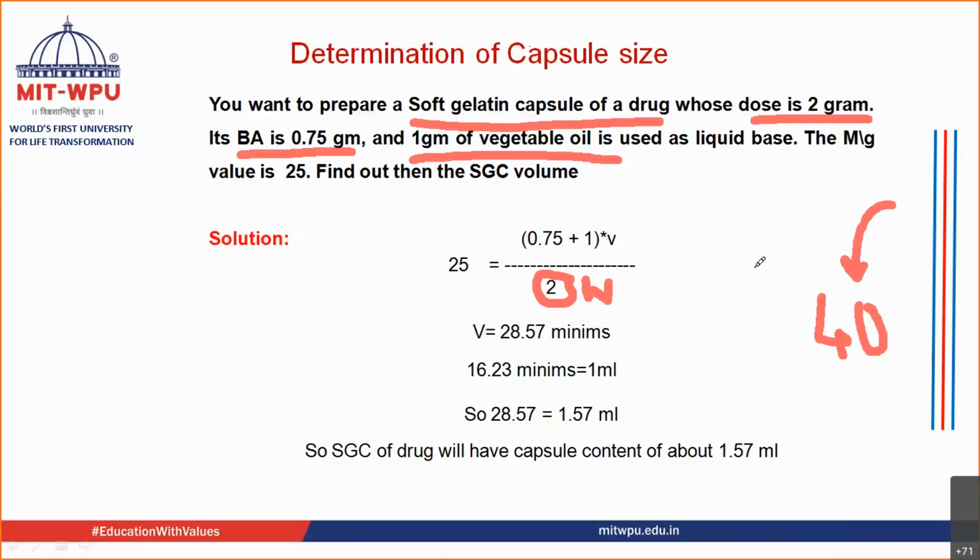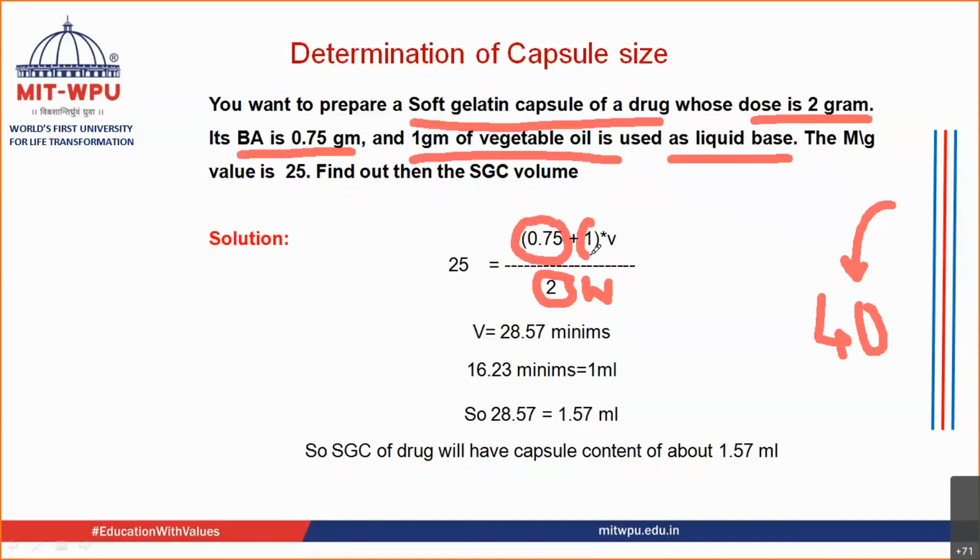Fine. So this vegetable oil was added into it. 1 gram was added in order to get a liquid base. Clear? Got it? Now the base adsorption is 0.75. 1 gram of liquid oil was added.